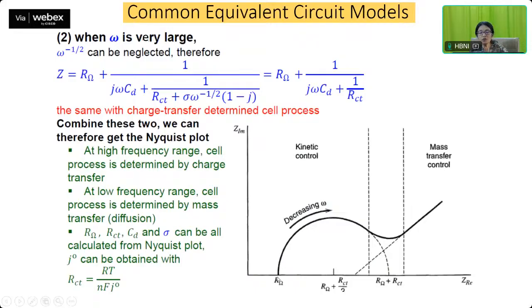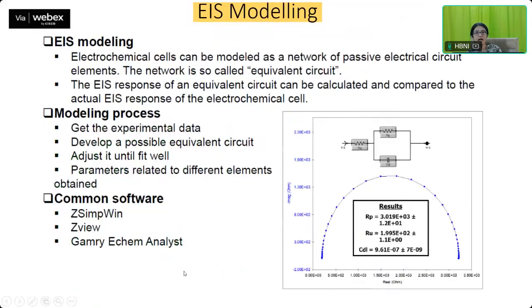One thing to remember from this plot is that when your frequency is very high, the charge transfer process dominates. When the frequency is very low, the diffusion process dominates. Combining these two, we get the Nyquist plot. At high frequency, the cell process is determined by charge transfer. At low frequency, the cell process is determined by mass transfer or diffusion. And in the intermediate region, you will find a combination of both.